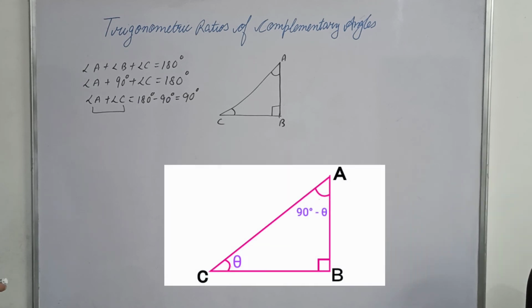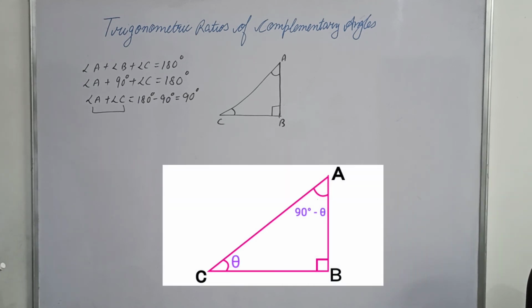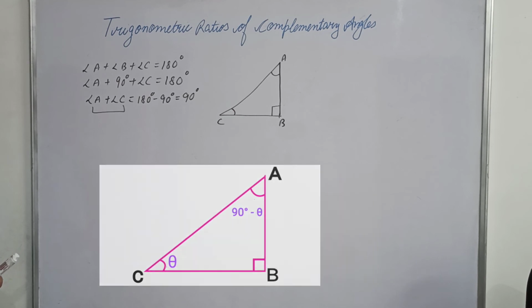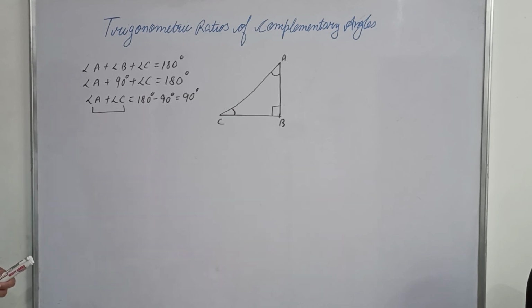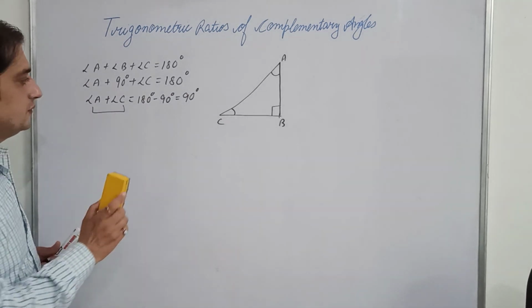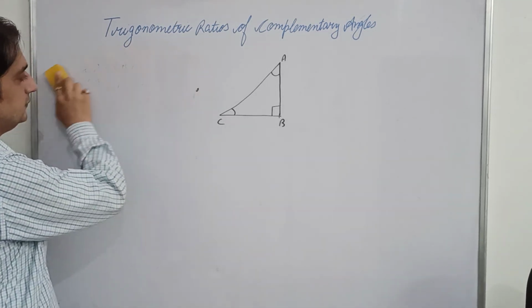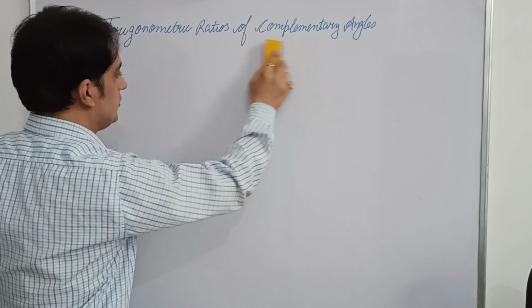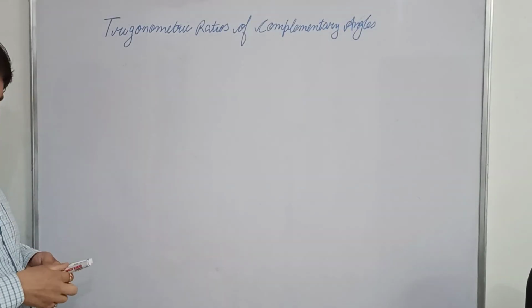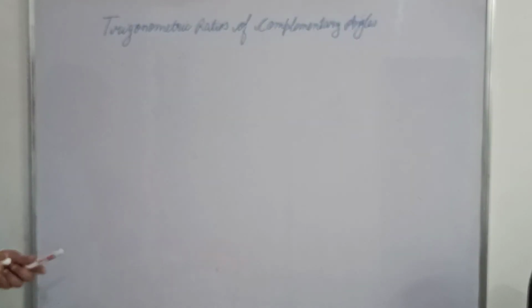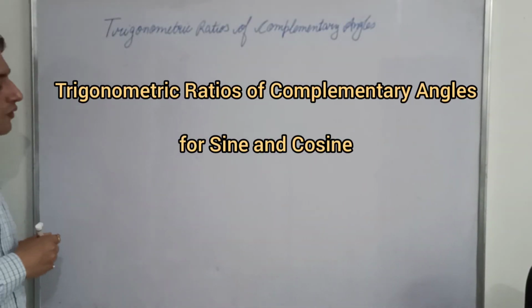So now we will find the T ratios of the complementary angles, right? We will determine the T ratios. First we will see the complementary ratios for sine and cosine in case of complementary angles.